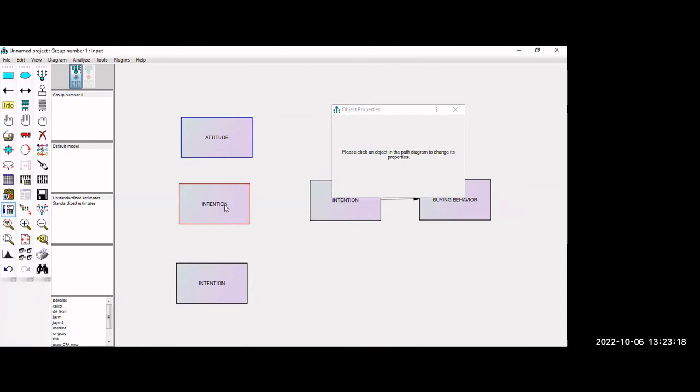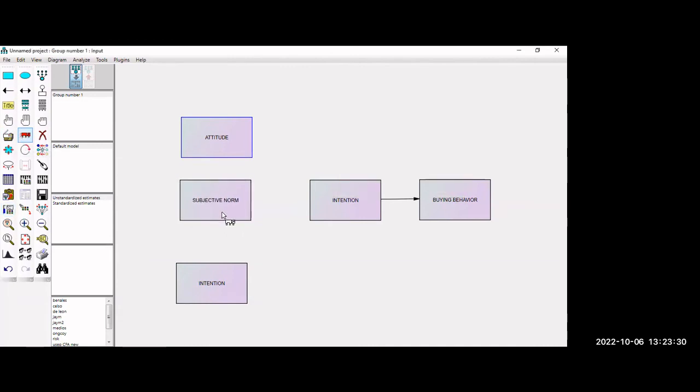The next is subjective norm. When we say subjective norm, that is social pressure. Meaning, if your friends already have an iPhone and you still have an Android, most likely you will have such kind of pressure, which leads you to have an intention. And that is according to that particular theory.